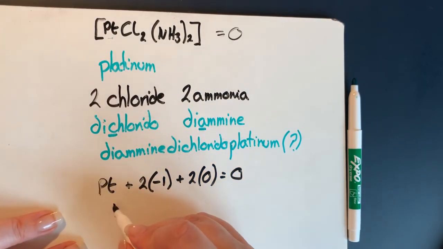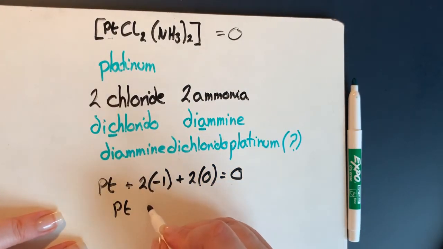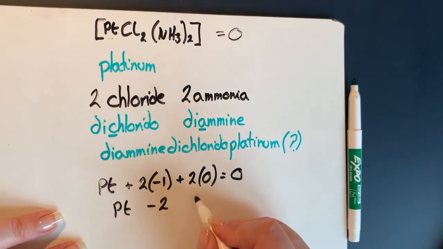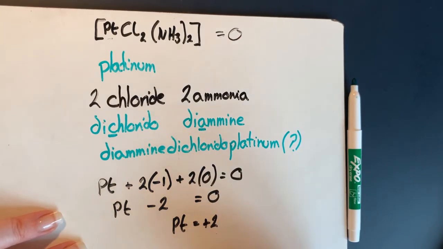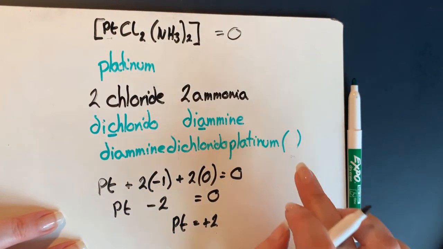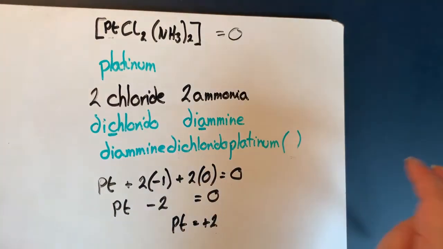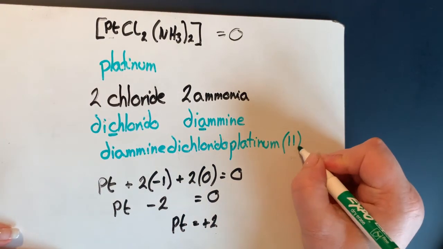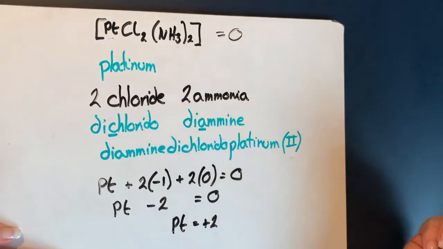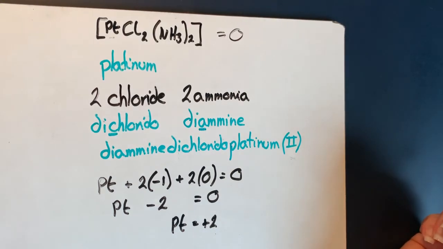So solving that, our platinum minus 2 is going to equal 0. So our platinum must equal plus 2, which means that charge in there is a 2. So we have diamine, dichlorido, platinum 2.